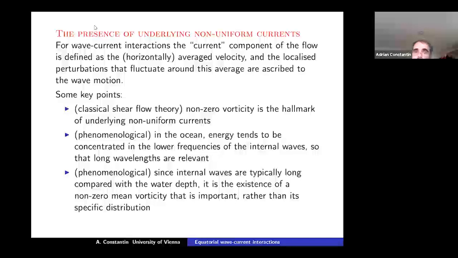There is one important observation, that the energy tends to be concentrated in the lower frequencies. There is a difference in frequency between the surface wave and the internal wave. The internal wave is slower and has a much bigger wavelength, and this is the one that transports most of the energy.